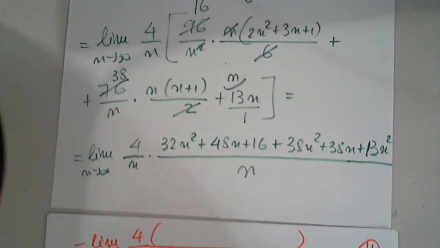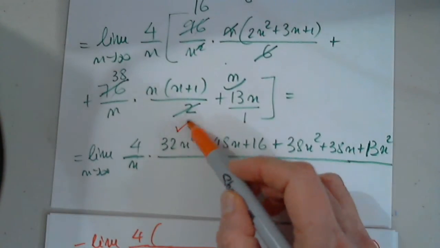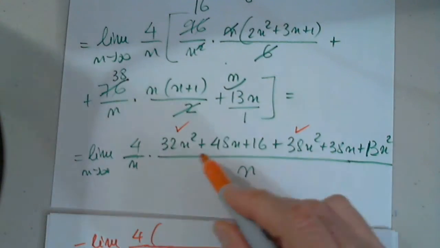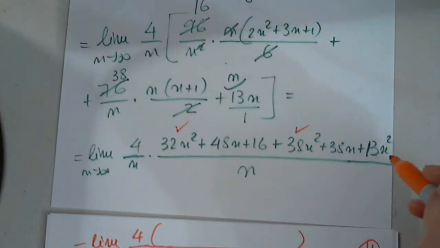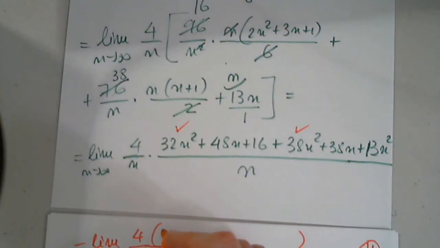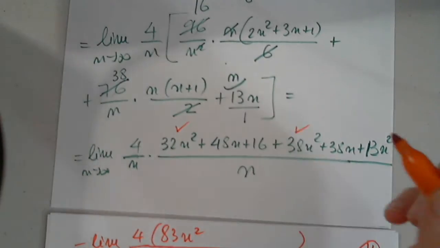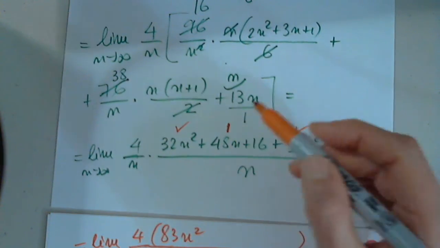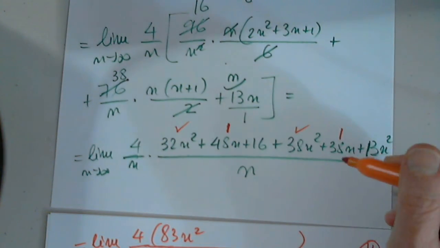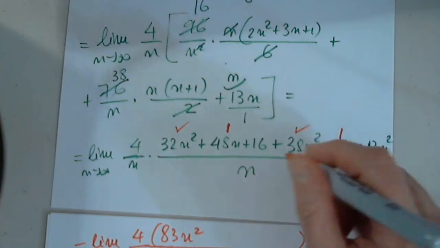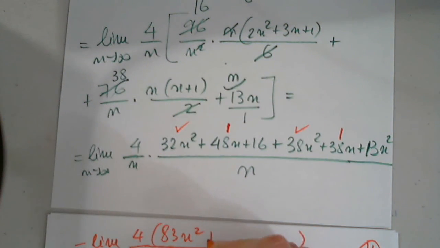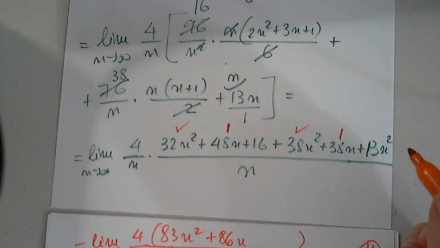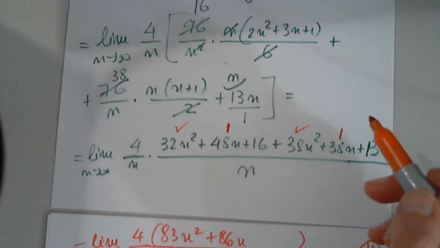n squared. Okay, let's see what we get. So the 32 plus 38, and that's 70, plus 13, so 83. Okay, now I have a 48 and a 38. That's 86. And 16.